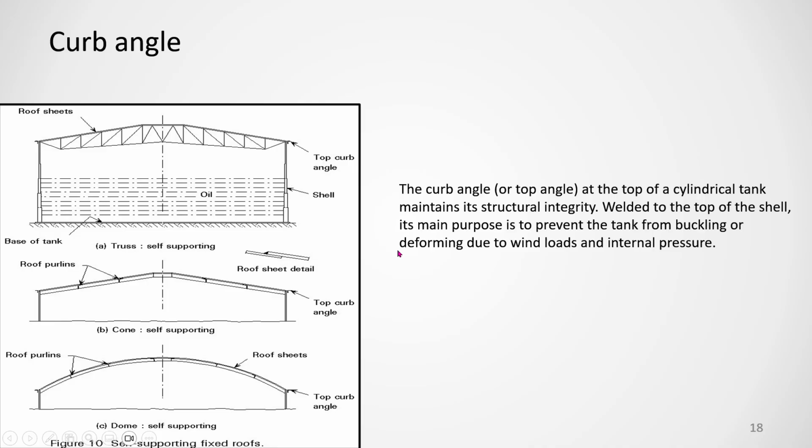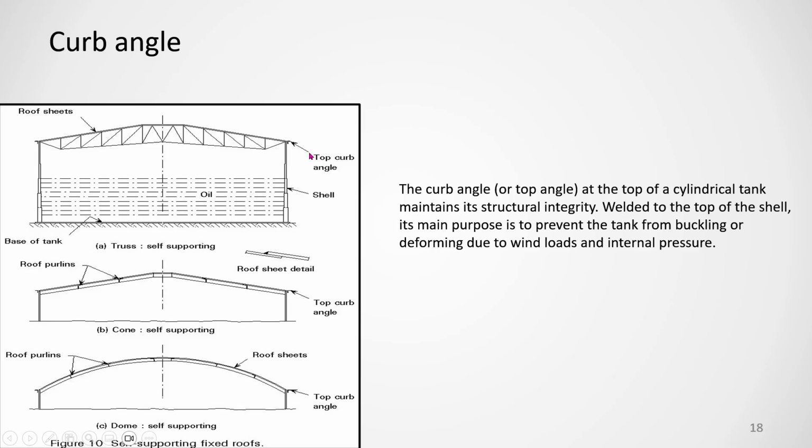But a wind girder is required when you want to make a passage at the top for vehicle or personnel movement; then your wind girder size will be much more than the top curb. The top curb is normally made of angles.